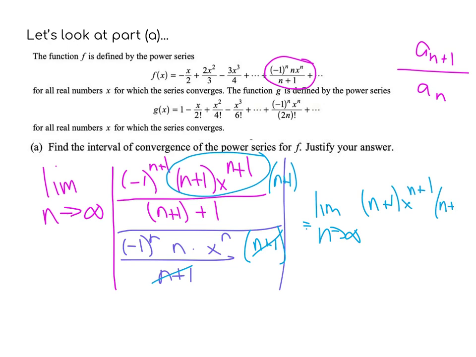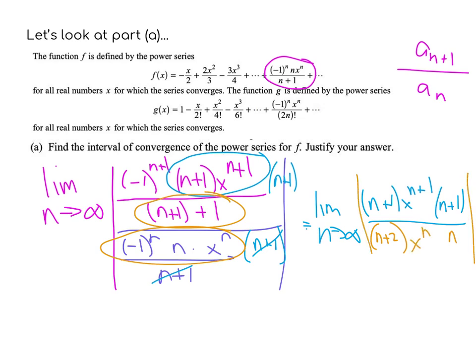I'll write that down here. Then on the bottom, we have the n plus 1 plus 1. I'll call that n plus 2. And then I could kind of divide, and this is going to move up there. So negative 1 to the n goes away. We'll still have an n. I'll put that over here. And then an x to the n. Whew, a lot of stuff going on here.